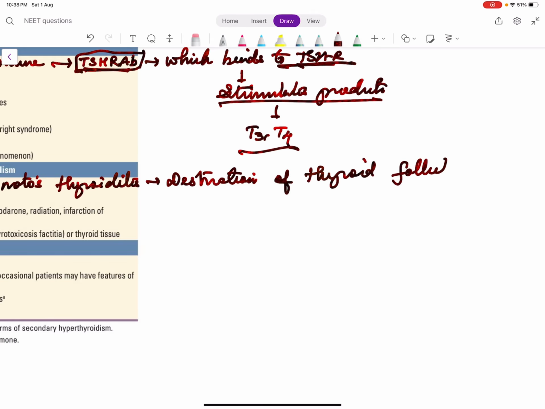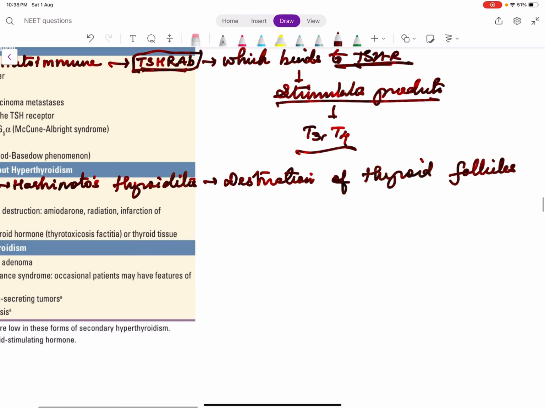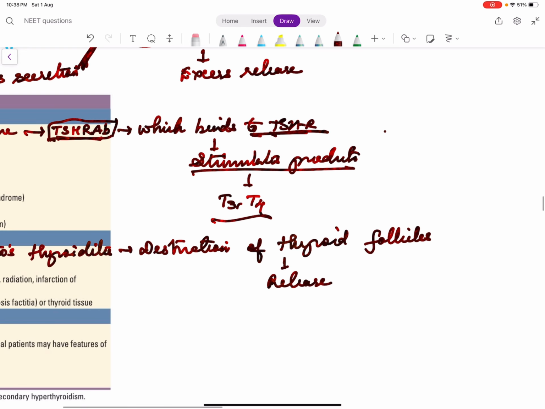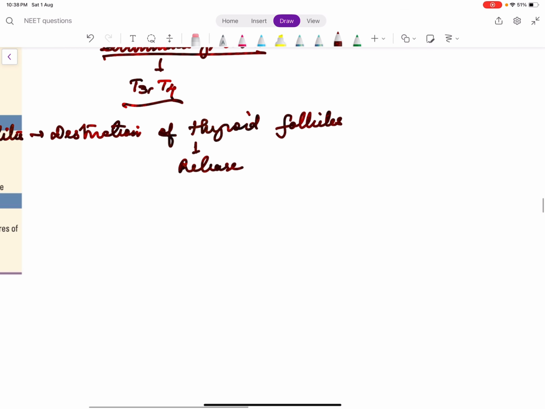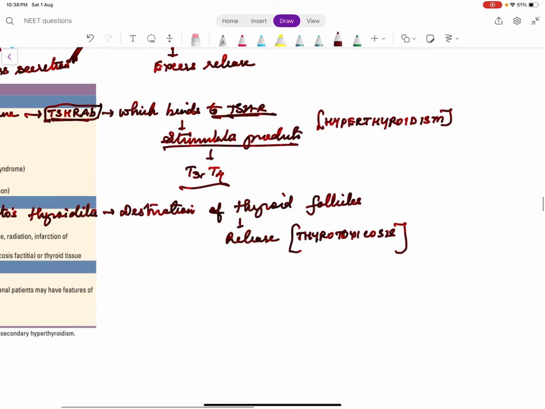Whatever thyroxine is there within the gland will be released. So Graves' disease is called hyperthyroidism because there is increased production of thyroxine, whereas in Hashimoto's thyroiditis, there is only a release of preformed thyroid hormone and no new formation. So it is called thyrotoxicosis. It's just a small technical difference.